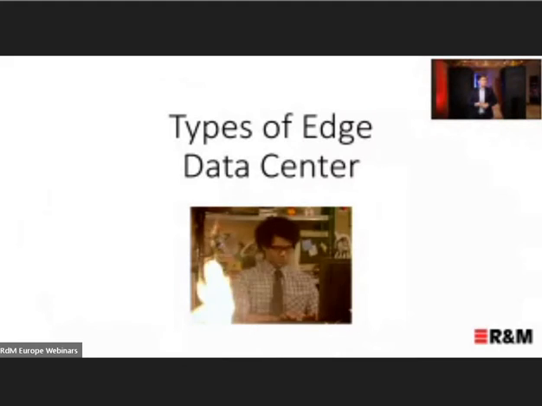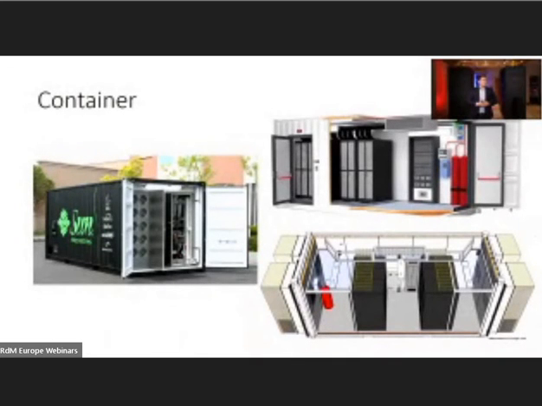And what types of edge data center can we recognize today? The first, which is coming to my mind, is the container, because as I mentioned, this is typically a much smaller infrastructure compared to a normal large data center. So this is a container located somewhere, for example, close to some organization.